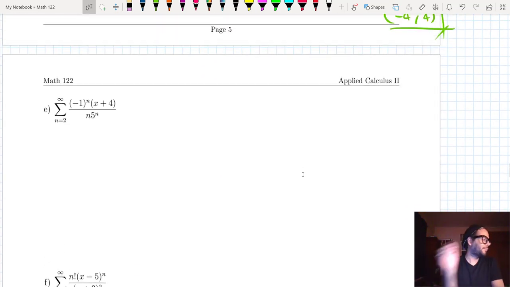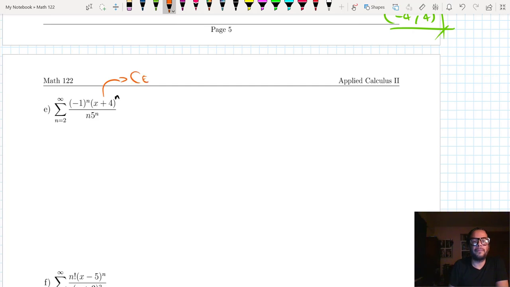Okay, now let's see. So number one, let's identify the a sub n. By the way, I'm missing an n right here, the exponent of x plus 4. And also let's identify the center. Center is x equals -4. Okay, let's see what about this one.